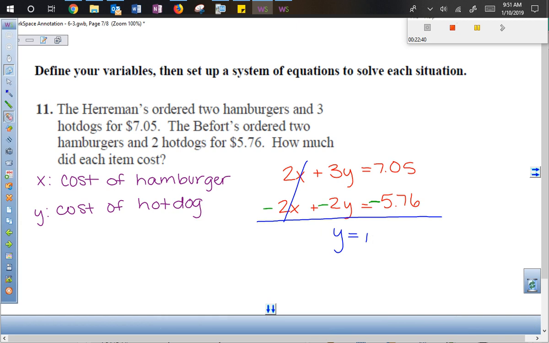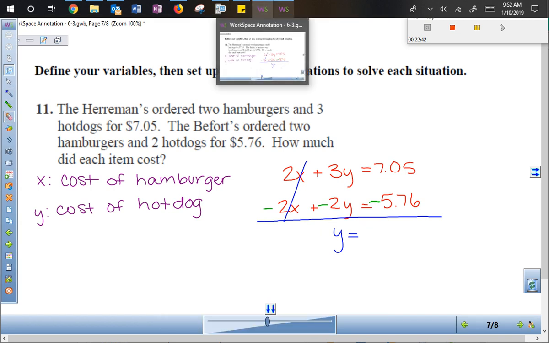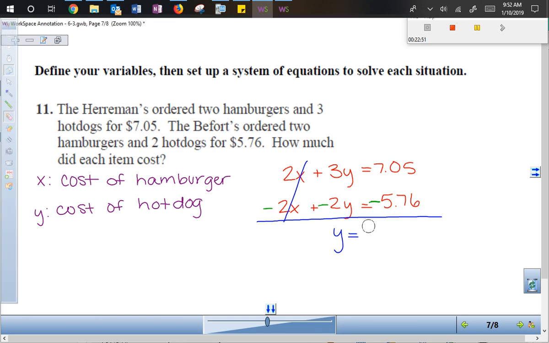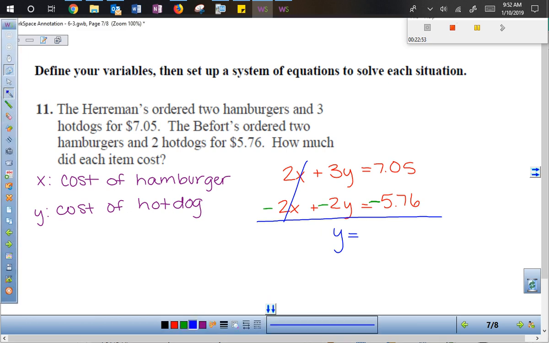Oh, it should be 576. I messed that up. I'll try that again. 705 minus 576. That's going to give me 1.29. That sounds better. So 1.29. And just a reminder, that represents the cost of a hot dog. So one hot dog costs $1.29.